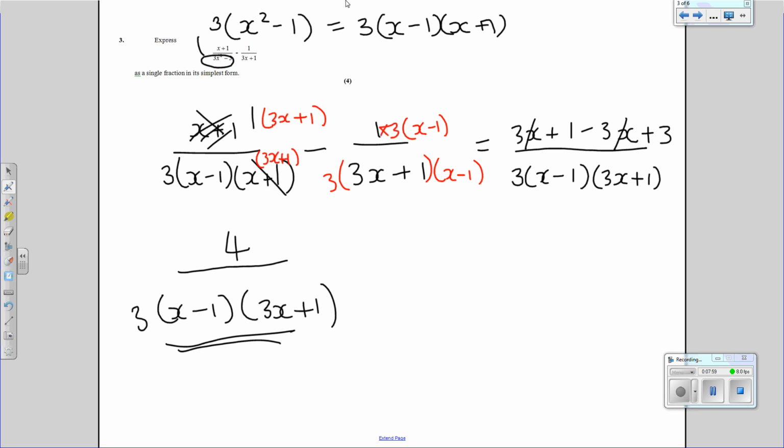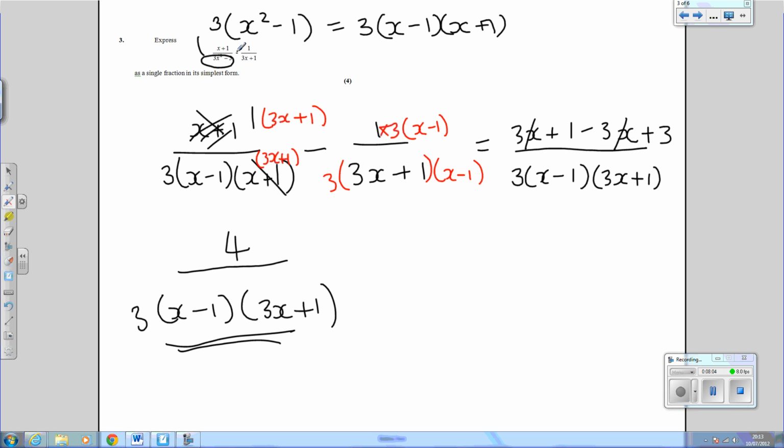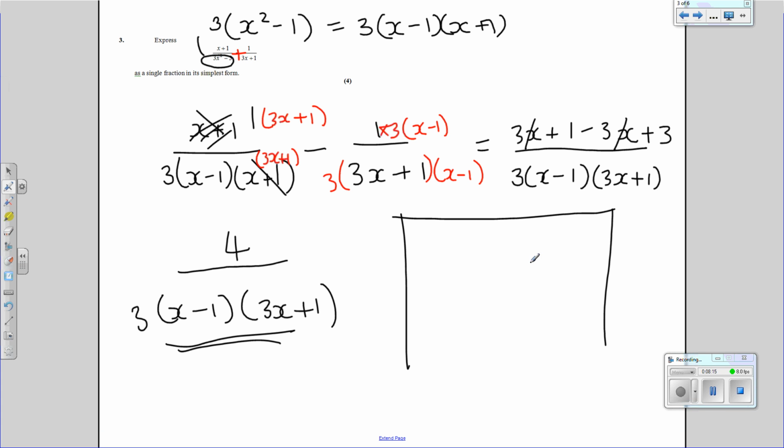If you did my homework and I changed it to a plus, then we'll just recycle some of what we've got. We would have had 3x plus 1 on the top of the fraction, but we would have added this 3x minus 3. And it still would have been over this common denominator.